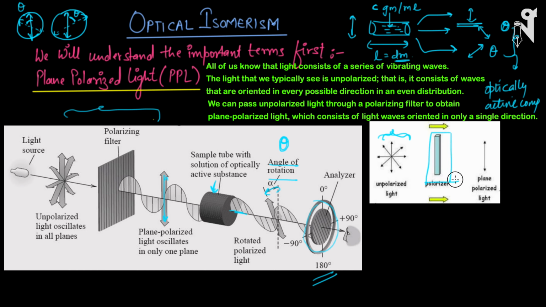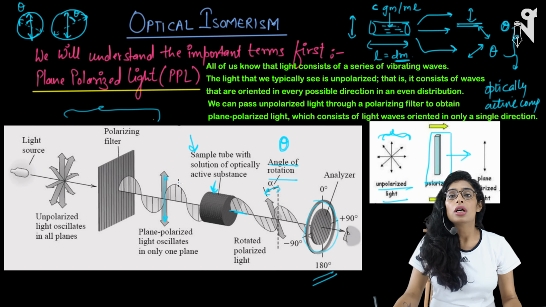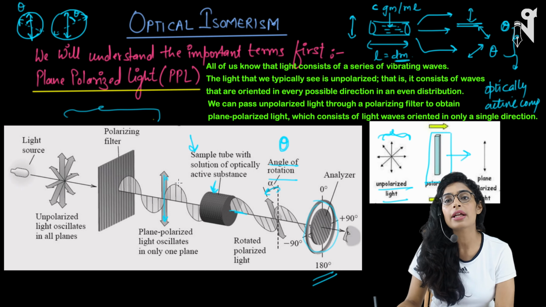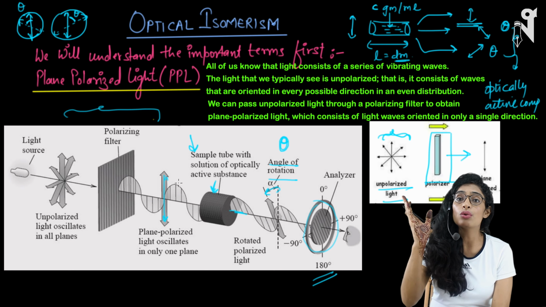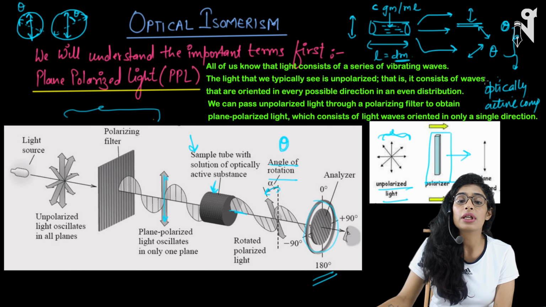There can be many types of polarizer; what we are studying is the Nicol prism. When you pass the unpolarized light through it, it becomes plane polarized light, moving in a single direction. When it is passed through the sample tube with a solution of optically active compound, the rotation happens either in the right direction or the left direction depending upon the compound, and that angle is called the angle of rotation or optical angle of rotation.